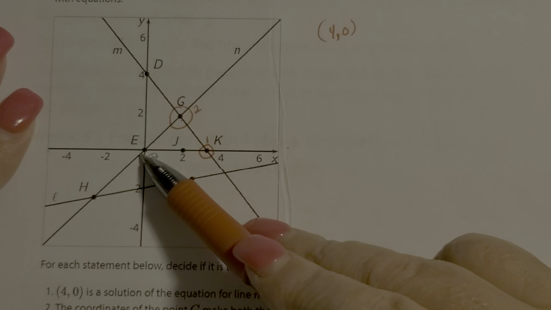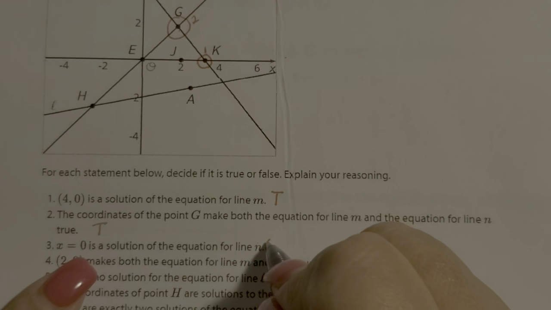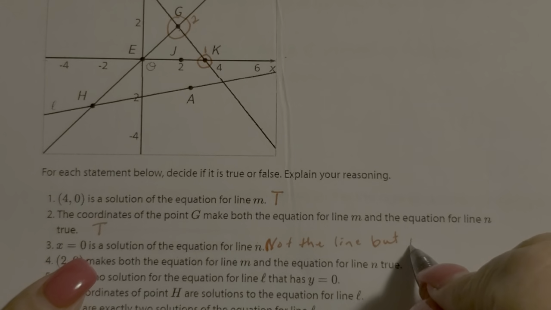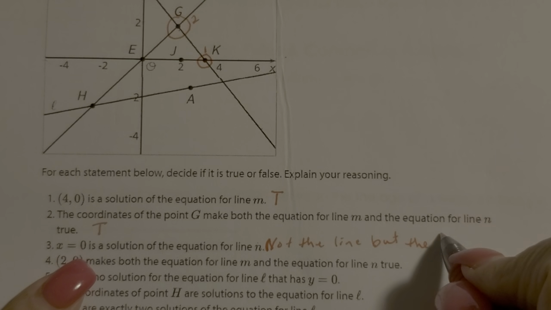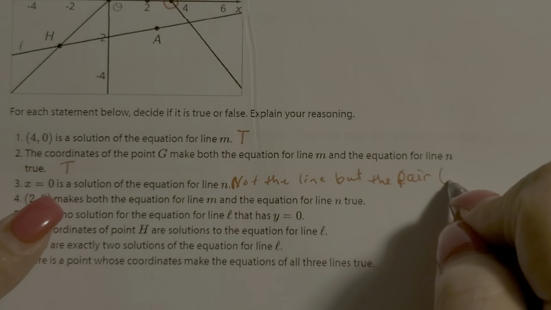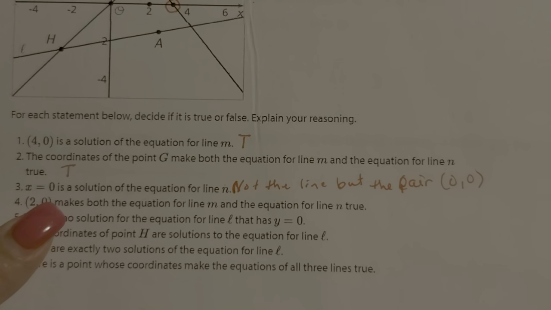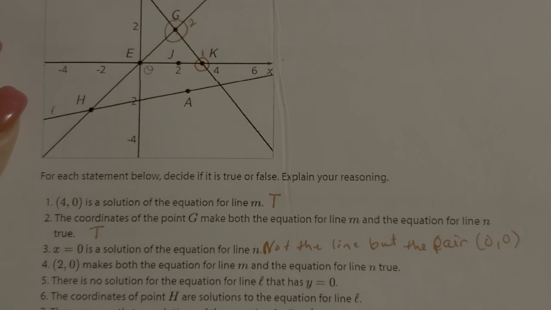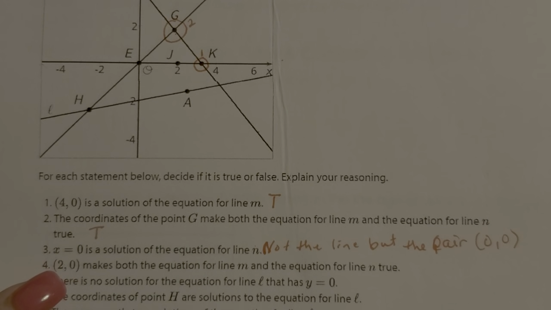But if we're talking about the ordered pair, or just x being a 0, so not the line, but the ordered pair (0, 0), it is a solution. Okay, (2, 0) makes both equations for line M and the equation for line N true.